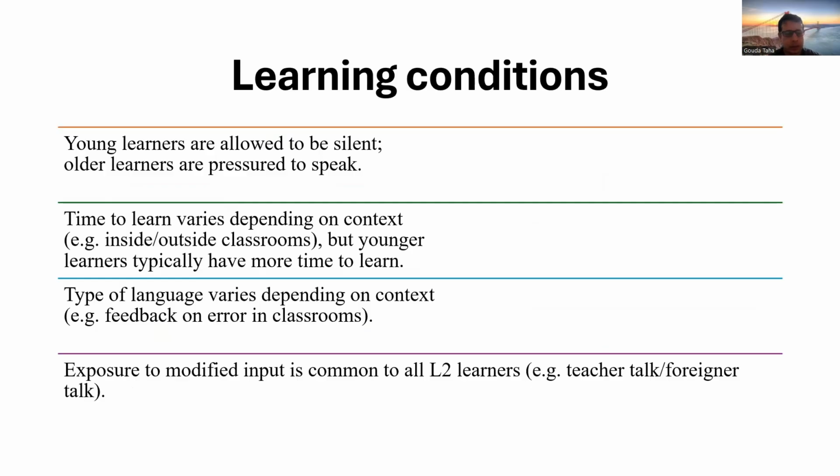Another thing that is also quite different in the two contexts is the conditions in the two processes. So young learners are allowed to be silent. And as we said, it takes them almost 12 months to produce the first word, while older learners or second language learners are pressured to speak.